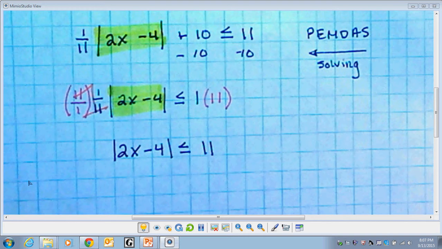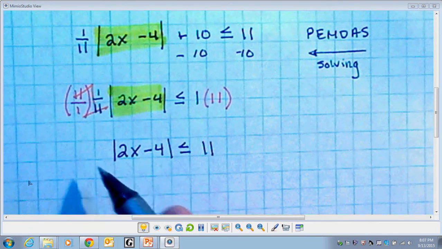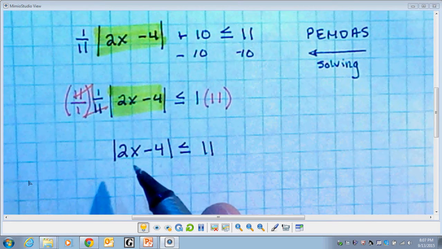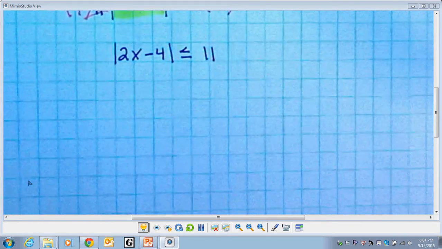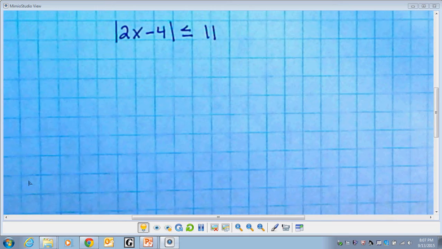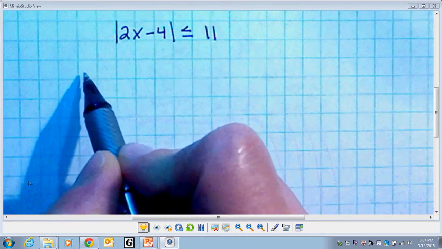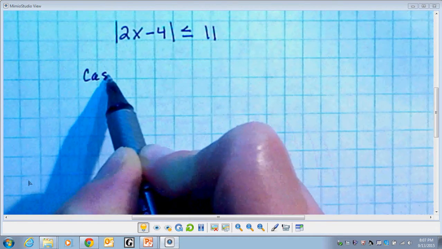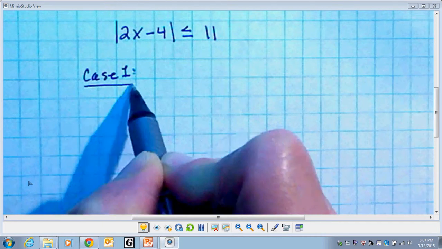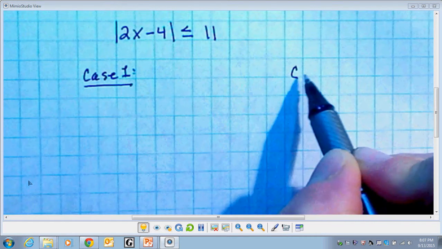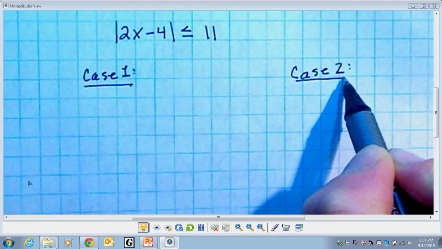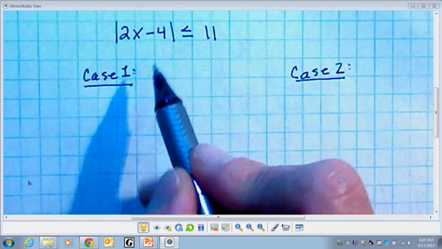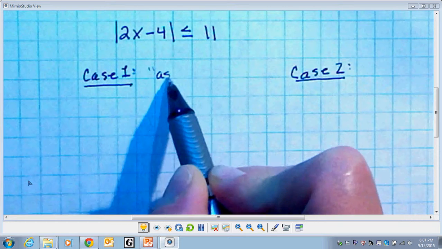Okay, so now I have my absolute value all by itself. Once I have the absolute value all by itself, I can set it up into its two cases: case 1 and case 2. Case 1, remember, is the as is.